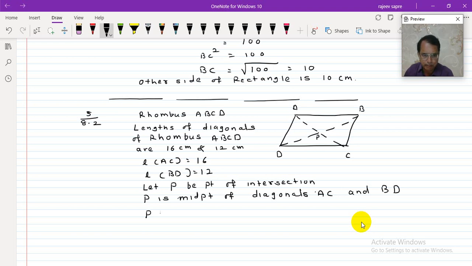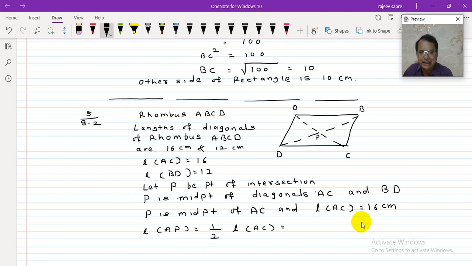So as P is midpoint of AC, it will break this AC into same parts. So what will be length AP? Length AP will be 1/2 of length of AC, and so it is 8 centimeters, and it is also same as length PC.